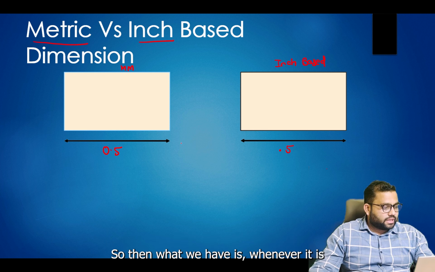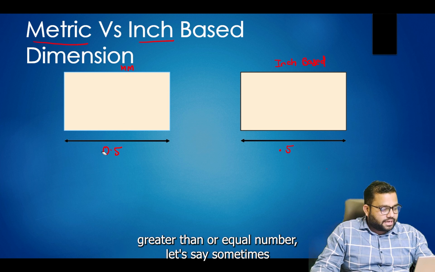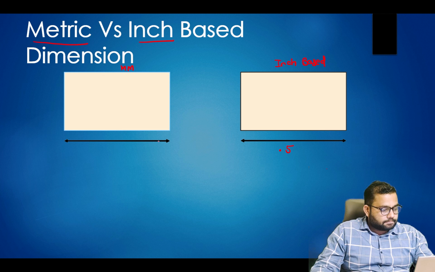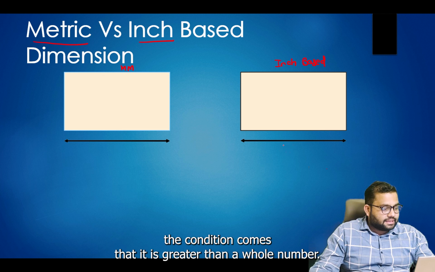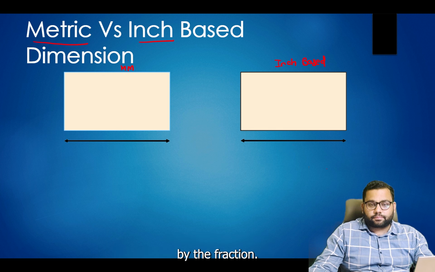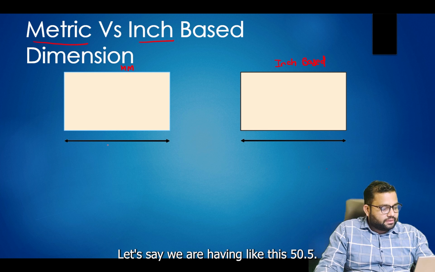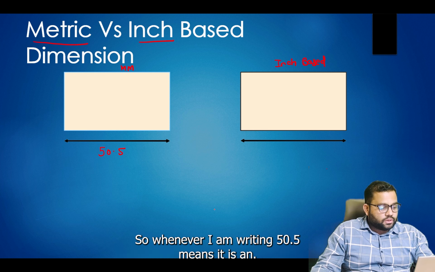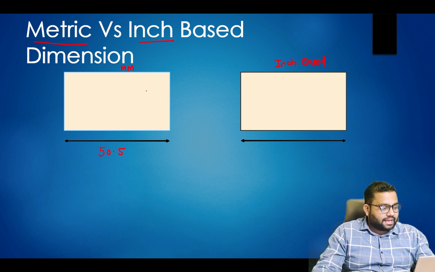Then whenever it is greater than a whole number, sometimes the condition comes that it is greater than a whole number by a fraction. Let's say we have 50.5. Whenever I am writing 50.5, it is in millimeter.